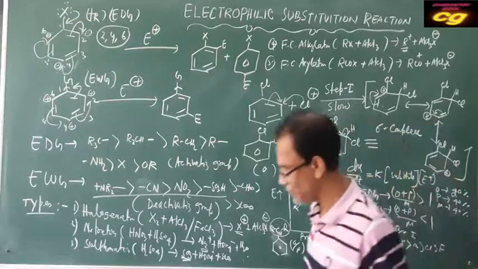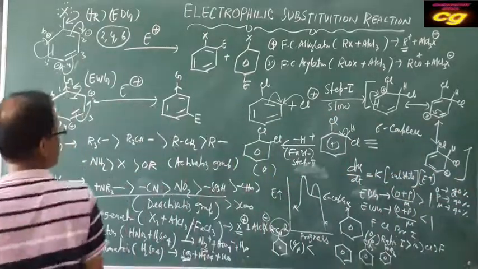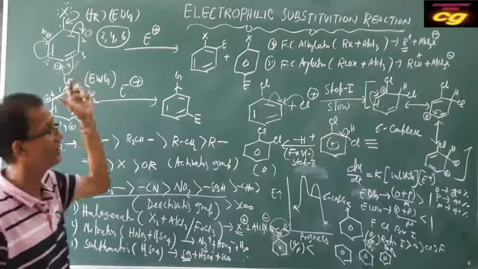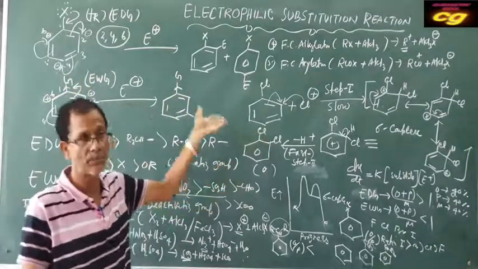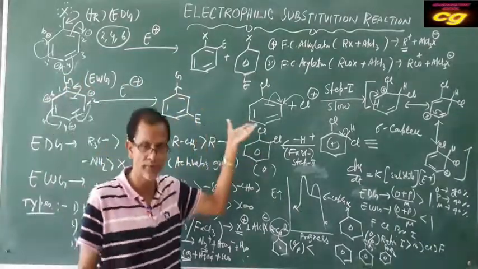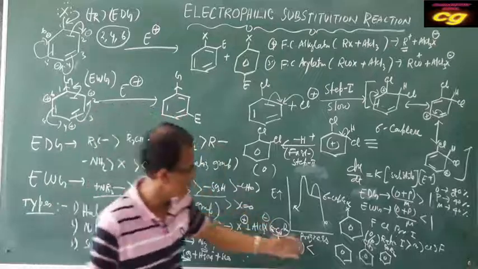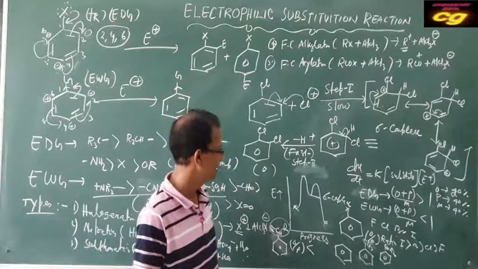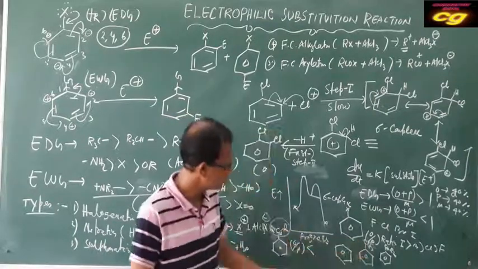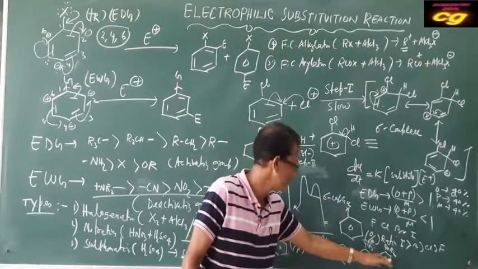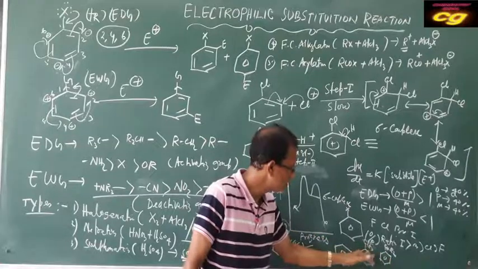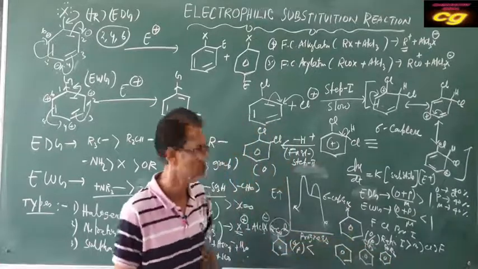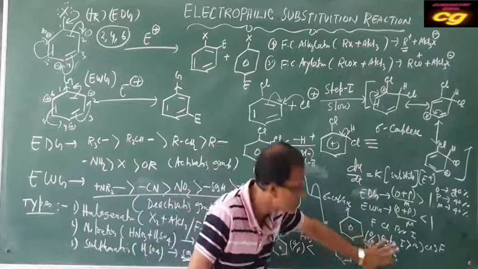So you have to see the mechanism, how the electrophile attacks at the ortho position and para position, and which position is preferred. For example, in this case para will be preferred. But in toluene compared to the last one, the percentage of ortho will be more, whereas here the percentage of ortho is less.